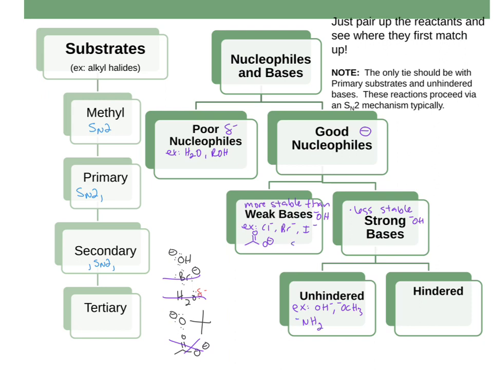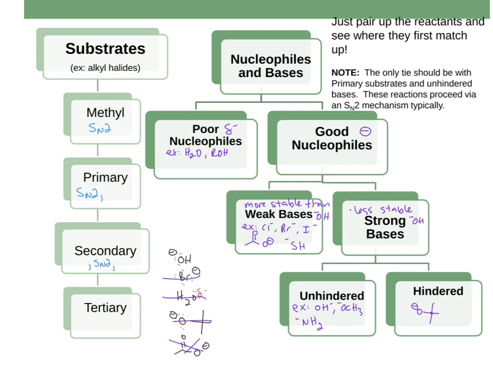Oh, weak bases, I should also put up here the S minus, because remember the sulfur is larger than oxygen, so it's better able to handle that negative charge, it's lower in energy, it's less basic. So unhindered ones don't have a lot of branching on them, versus hindered would be things like this t-butoxide, where it's a tertiary carbon right here, and you've got methyls.